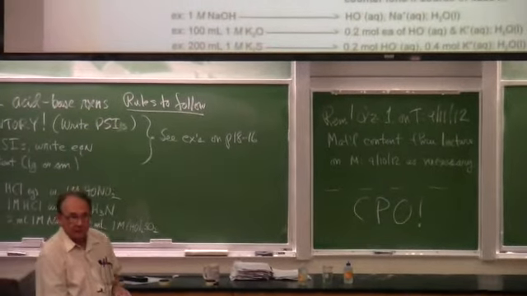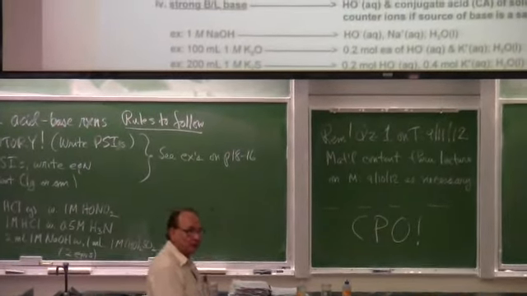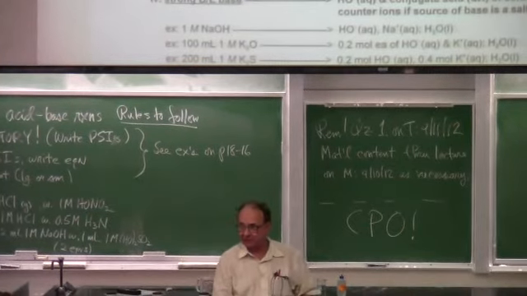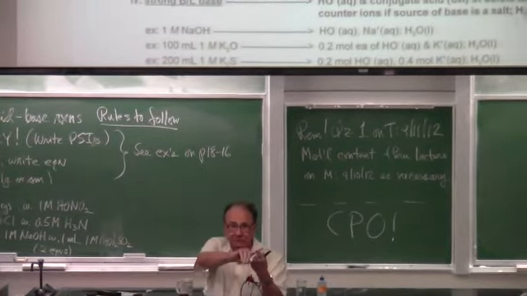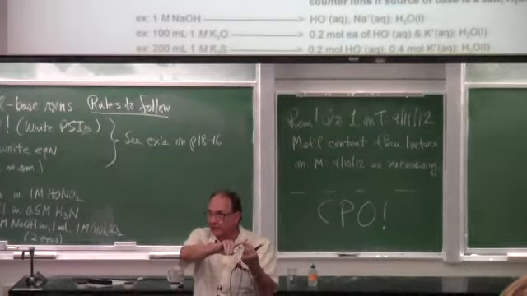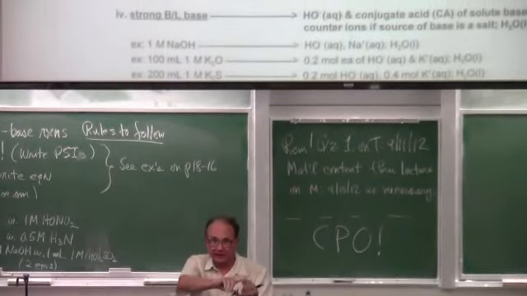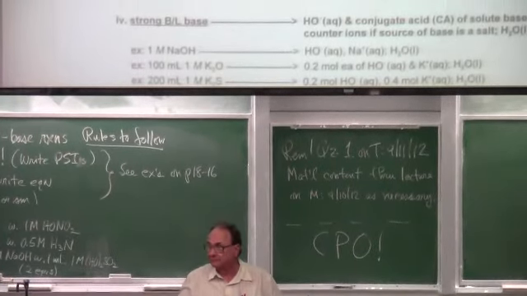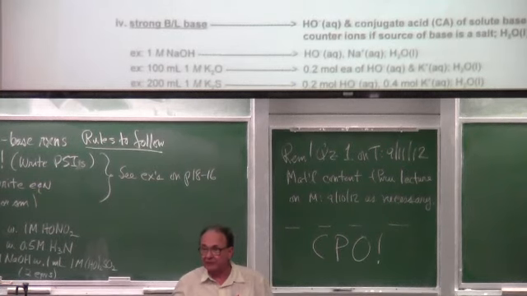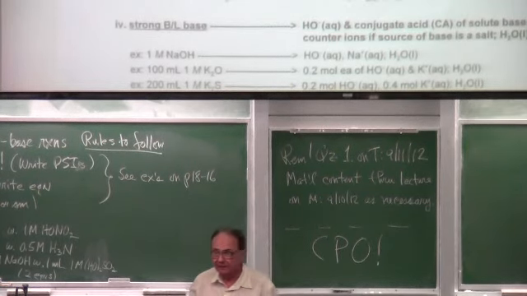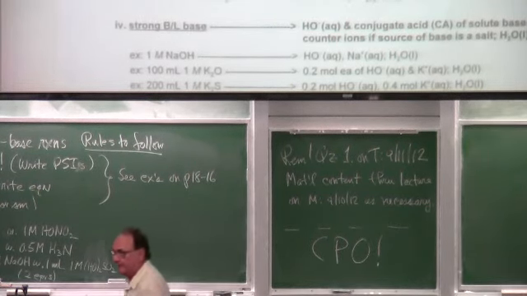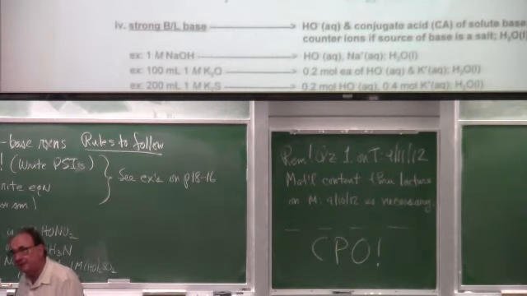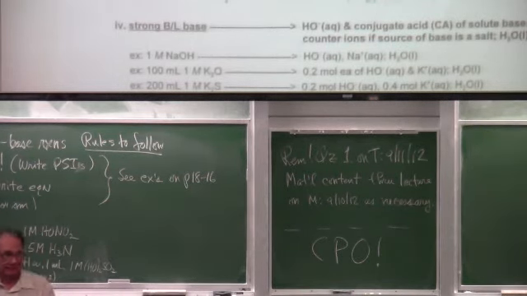Upshot, principal species inventory for 1 molar HCl solution is water solvent, hydronium ions, chloride ions. That's it. HCl(aq), forget that stupidity. It's not there. Something that isn't there can't react.